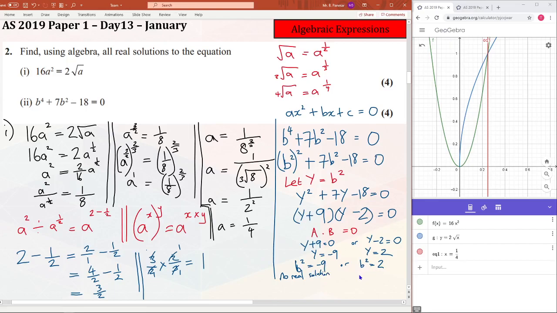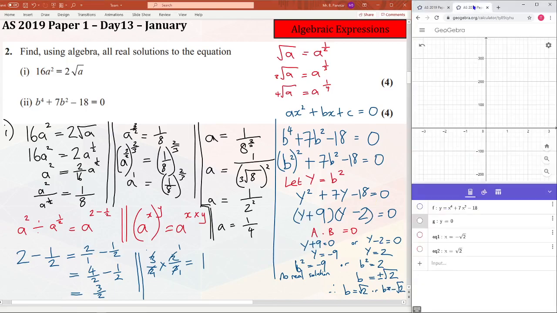On the right hand side, I can square root both sides and get b is equal to plus or minus root 2. Therefore b is equal to plus root 2, or b is equal to minus root 2. They are your two real solutions.